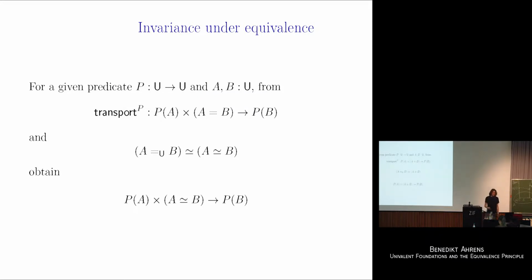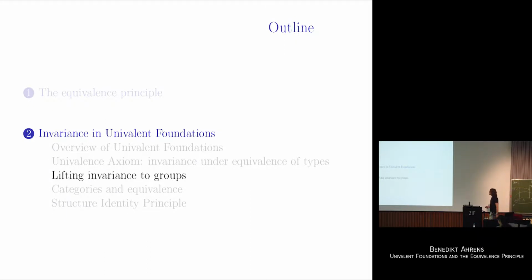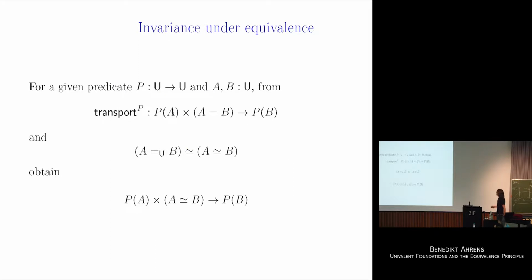So what does this mean? If we combine this equivalence that is given by the univalence axiom and the transport map, then we obtain that if a predicate or a construction, a logical predicate or a construction, is given for A, and A is equivalent to another type B, then we obtain the same construction, where we replace A by B, for the type B. Simply by replacing in this term identities between A and B with equivalences between A and B. Now, one can say that this statement is an equivalence principle for types.